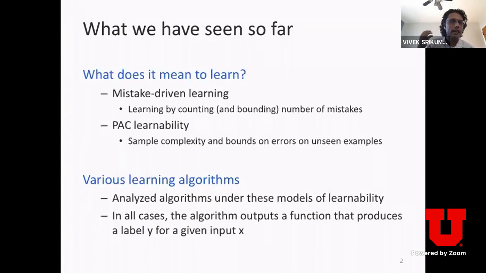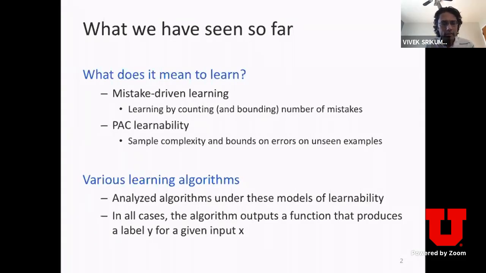If I can guarantee that a learning algorithm will only make a polynomial number of mistakes, I'm going to define that as successful learning. I can also define success using the notion of PAC. In PAC learning, we talk about sample complexity and we have bounds on generalization error. We define a learning algorithm to be successful if, with high probability greater than 1 minus delta, it produces a classifier whose error is low.